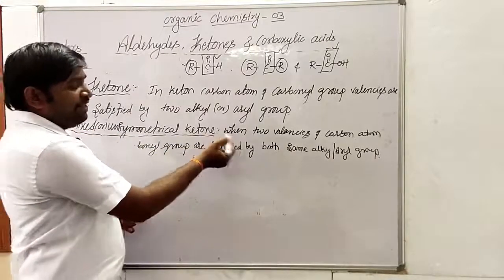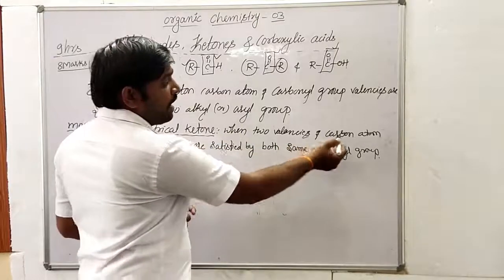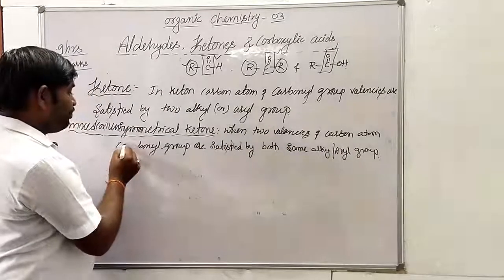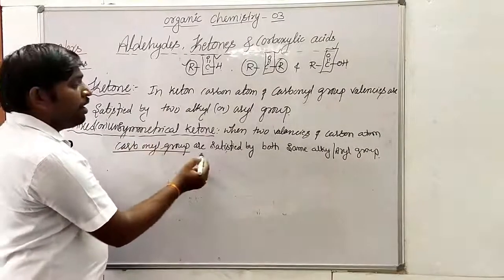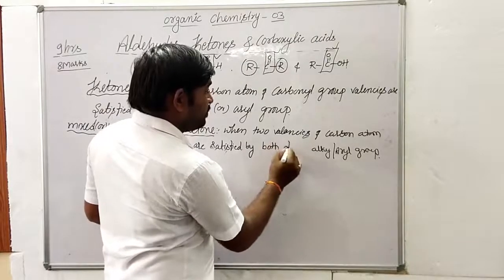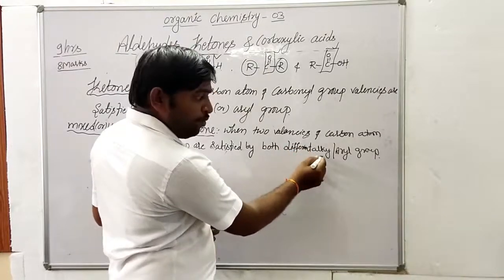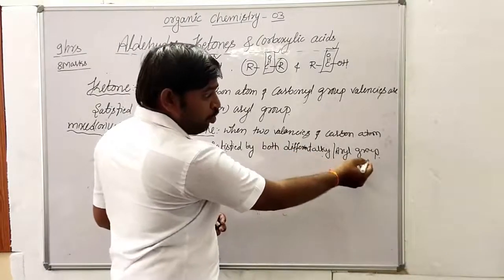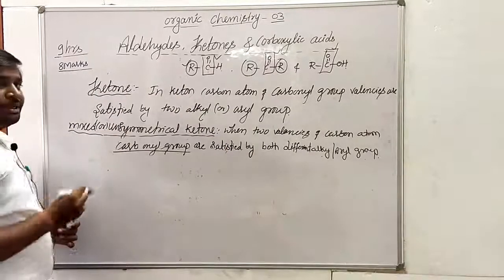So the definition of a mixed or unsymmetrical ketone is: when the two valences of the carbon atom of the carbonyl group are satisfied by different alkyl groups or different aryl groups, then such ketones are called mixed or unsymmetrical ketones.